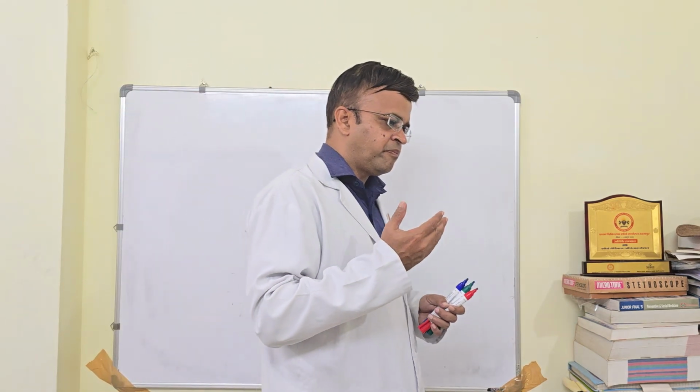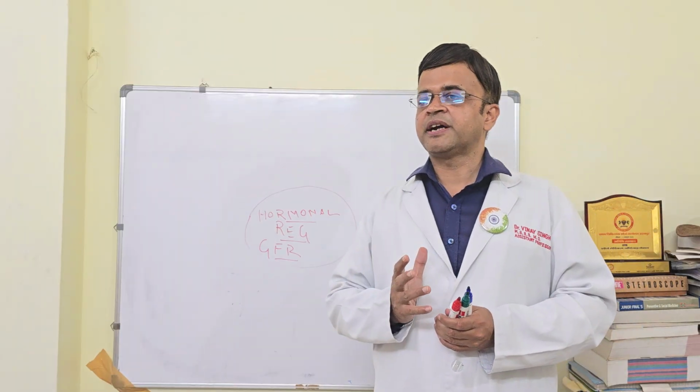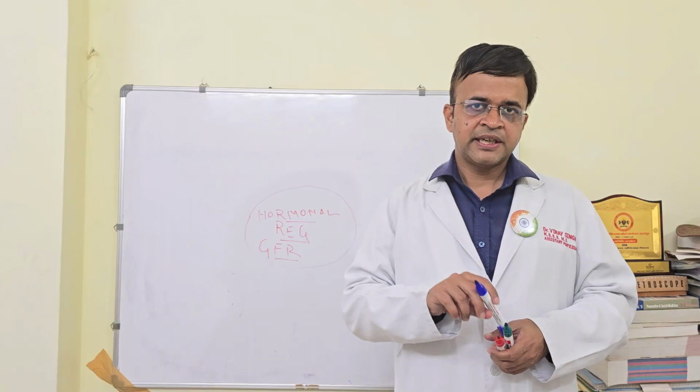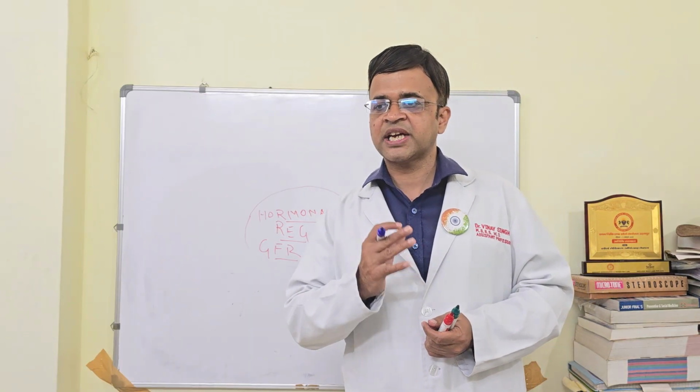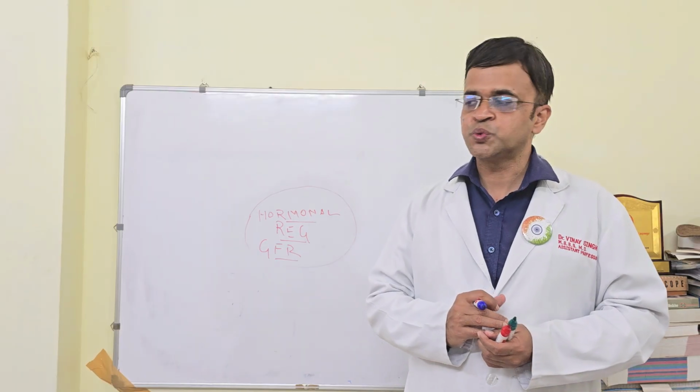Now there are many hormones which help in regulation of GFR. We will start with the most important ones, right? And one of the most important hormones which helps in regulation of GFR is angiotensin 2.